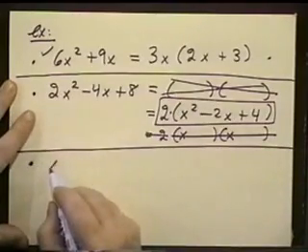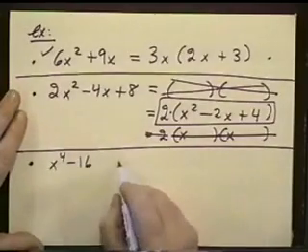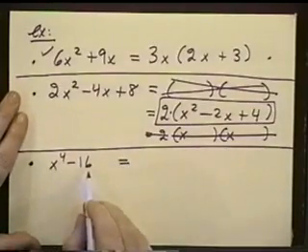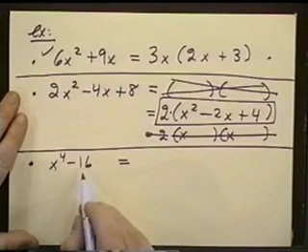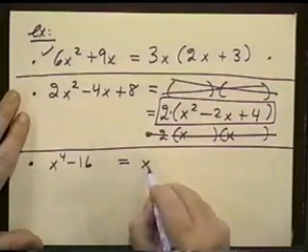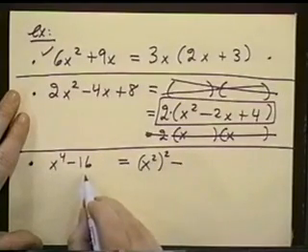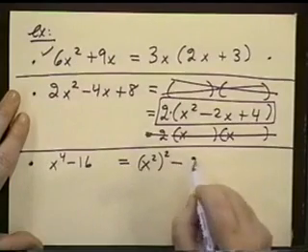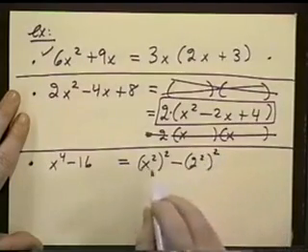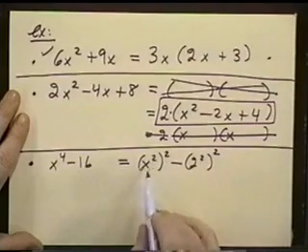Okay, let me take one more that goes a little further. X to the 4th minus 16. Well, we don't have any rules for 4th powers, but we do have rules for square powers. So if I rewrite this as x squared squared minus, remember 16 is 2 to the 4th. This is 2 squared squared. Now, ignoring the fact that the insides are also squared, just look at the outside.